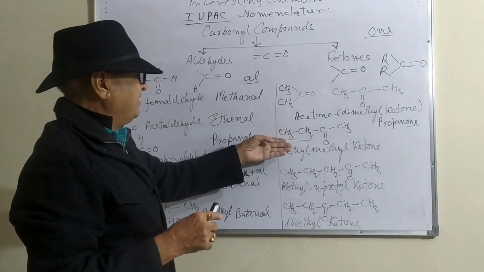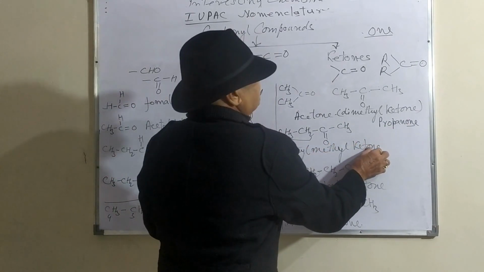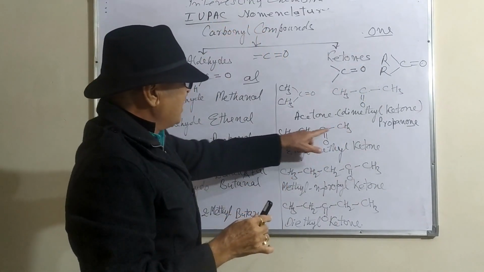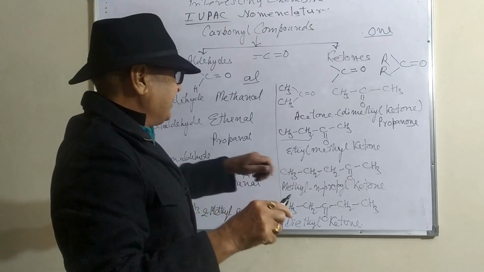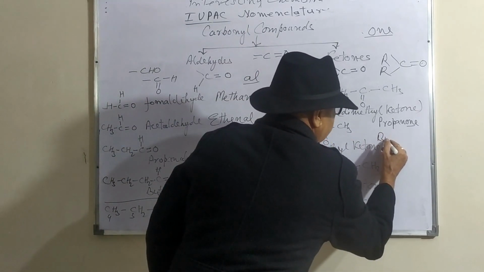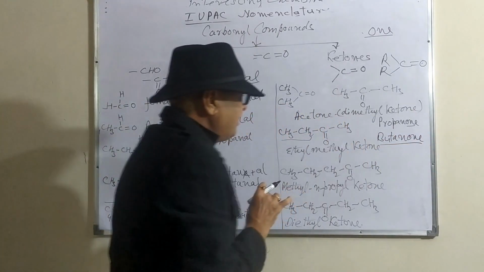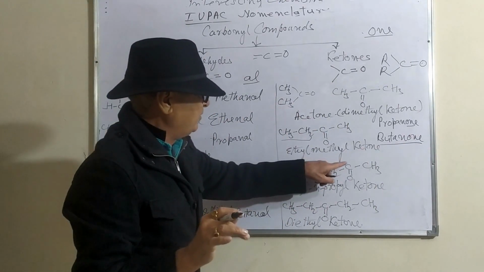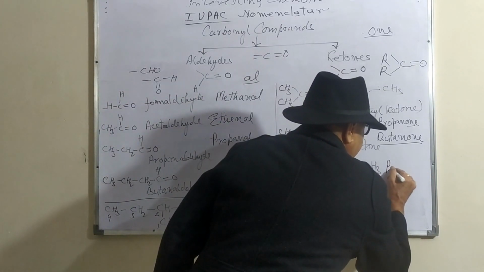So -one is the suffix for the ketone in IUPAC. Here 4 carbons are there, so butane, and added with -one, the name of this compound will be butanone. And for this compound, 1, 2, 3, 4, 5, the name will be pentanone.